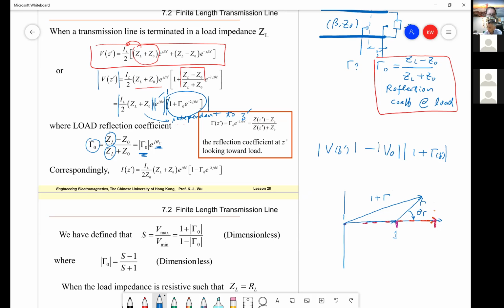So I'm not rotating this vector. I should be rotating this vector, because the only thing I can do is change the reflection coefficient. If I rotate this vector to here, right? Okay, then this is my 1 minus gamma, or 1 plus gamma.